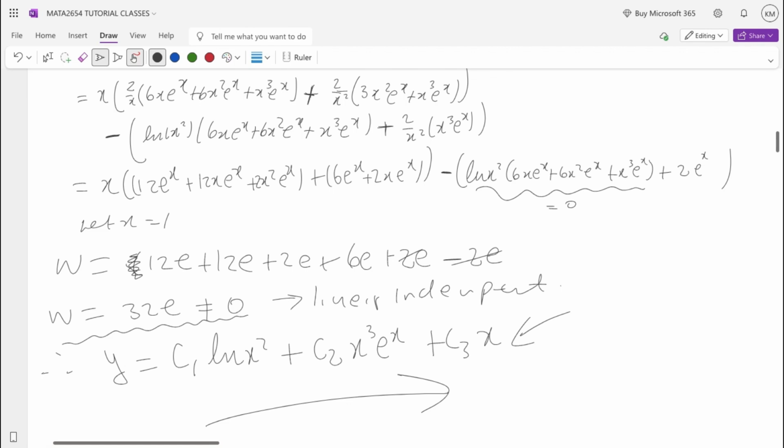If there are no questions, I'll just leave you guys with the technique of 4.2, which is called reduction of order.